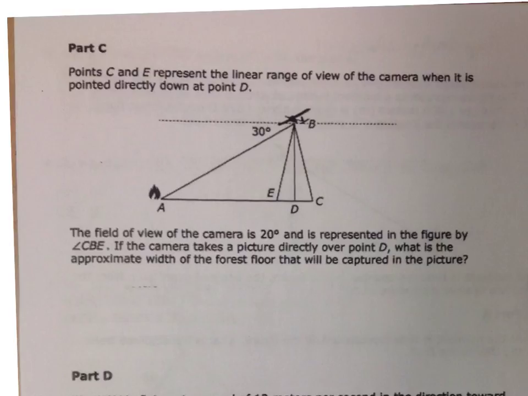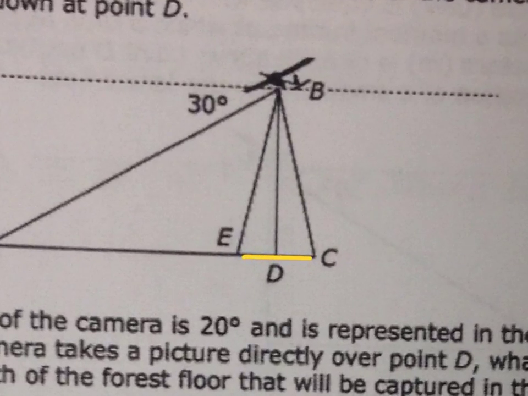Question C says that there's a camera on the drone, and this is showing off its range, about how far it can actually take pictures. It says the field of view of the camera is 20 degrees. So that means that it's 20 degrees left and right combined.